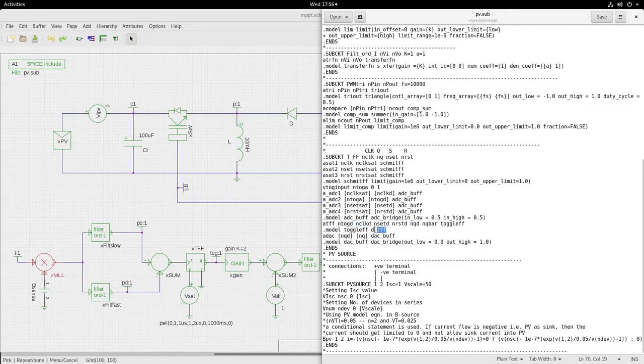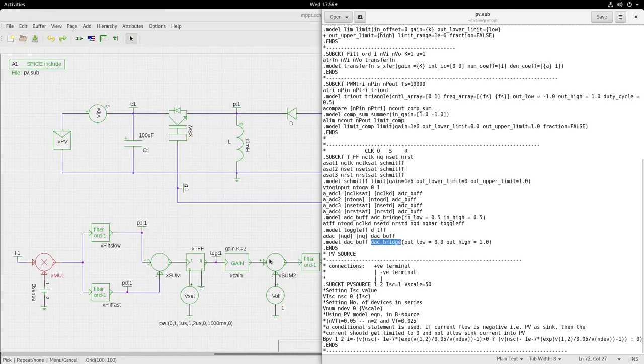Look into Ngspice manual for syntax. And then after doing the digital, you bring it out into the analog world by using a DAC buffer, that is a DAC bridge. So analog to digital conversion is by the ADC bridge, and all the digital work is done, and then it is brought back into the analog world by the DAC bridge. These two operations are very important in any mixed mode signal analysis in Spice.